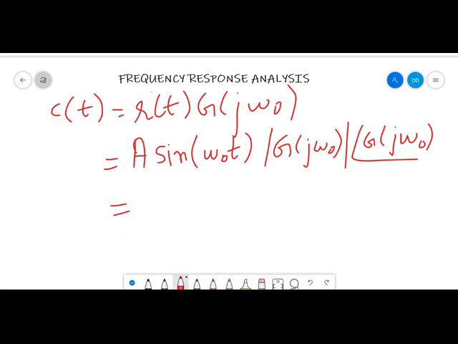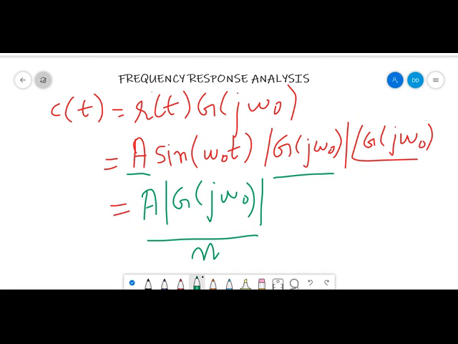So we will obtain the amplitude of the output signal by multiplying the amplitude of the input signal and the magnitude of G of j omega at omega equal to omega naught. So the amplitude of the output signal is A into magnitude of G of j omega naught.